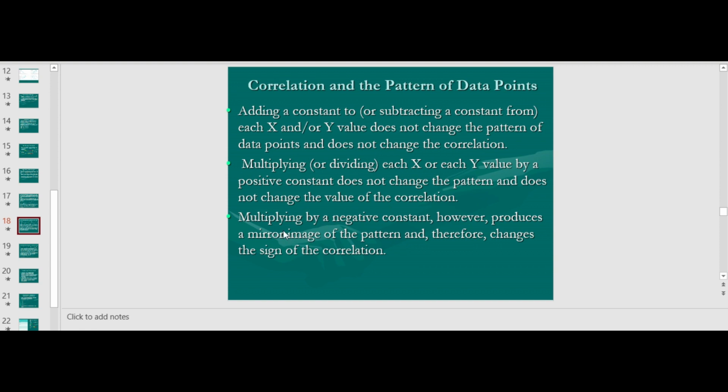Similarly, multiplying each x and y value by a positive constant also does not change the pattern formed by the data points and does not change the correlation. For example, if each of the x values is multiplied by the same value, say 5, then the same scatter plot could be used to display either the original scores or the new scores.